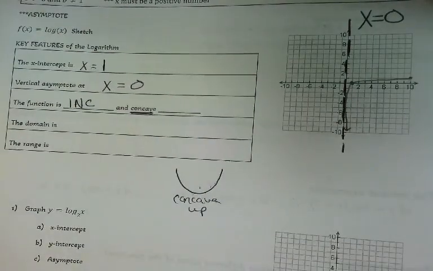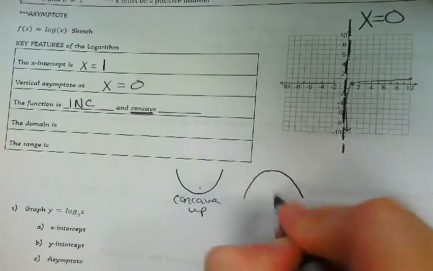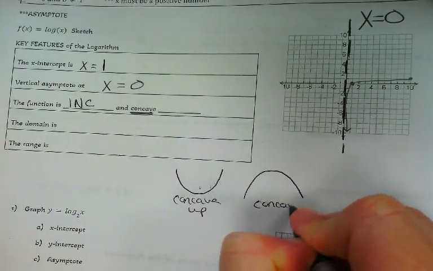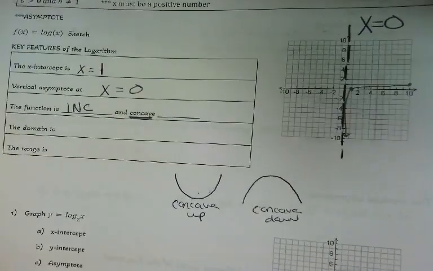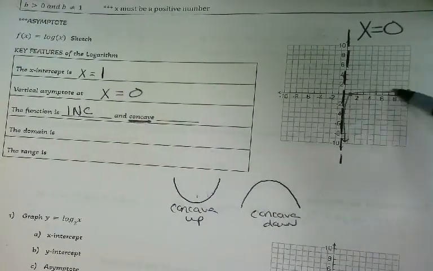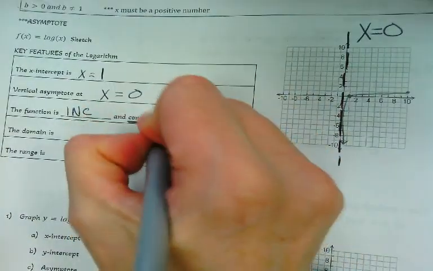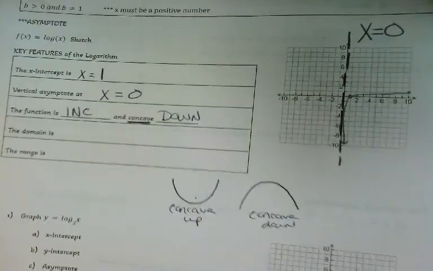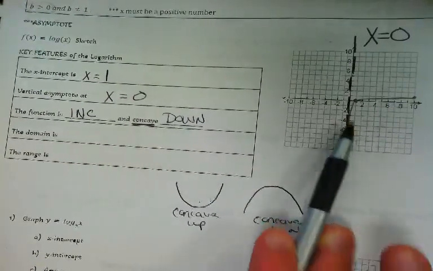Up like a cup. It can be filled with water. If it's kind of frowning the opposite way, we call this concave down. Okay, it can't hold anything. So if you look at the shape of this, can it hold anything or not hold anything? No. It can't. So we call that concave down. Okay, that'll be a description to use as you're talking about these graphs. So it's increasing, but we call that concave down.